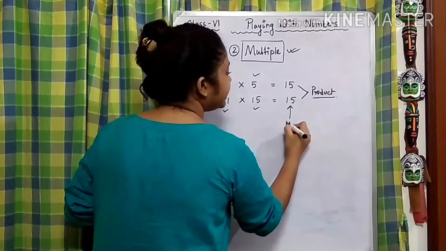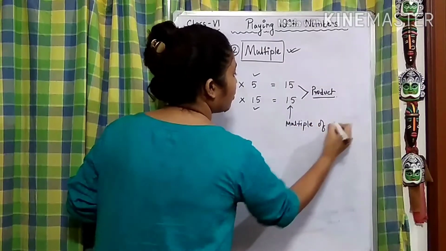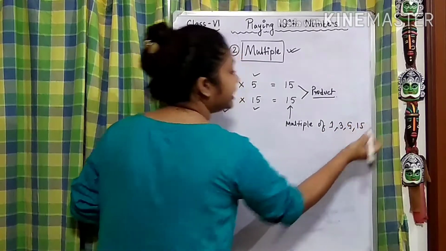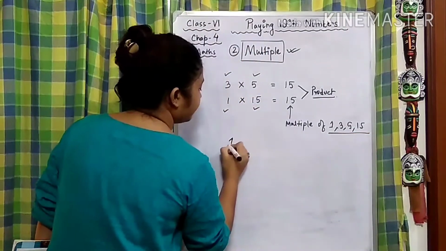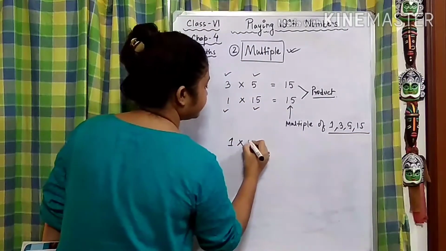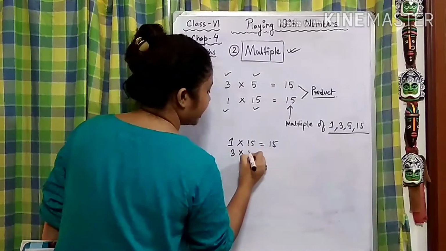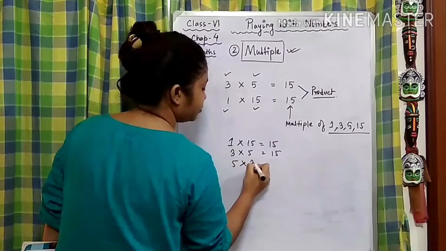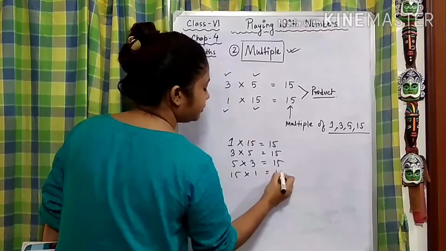Here 15 is the multiple of what? Multiple of 1, 3, 5, 15. Why? Because I am multiplying 1 with 15 giving 15, 3 with 5 giving 15 once again, 5 with 3 giving 15, 15 with 1 giving 15.